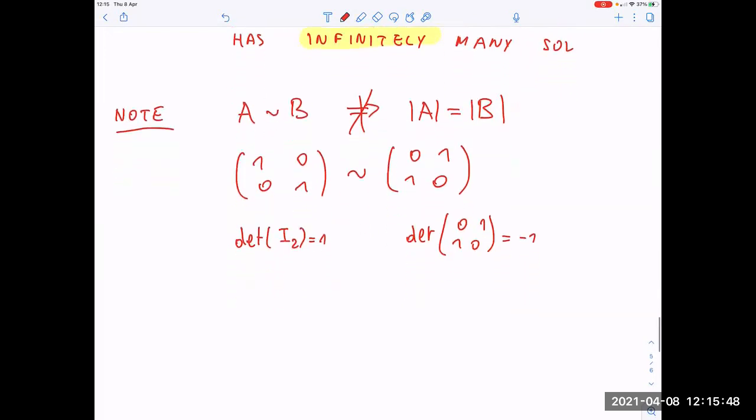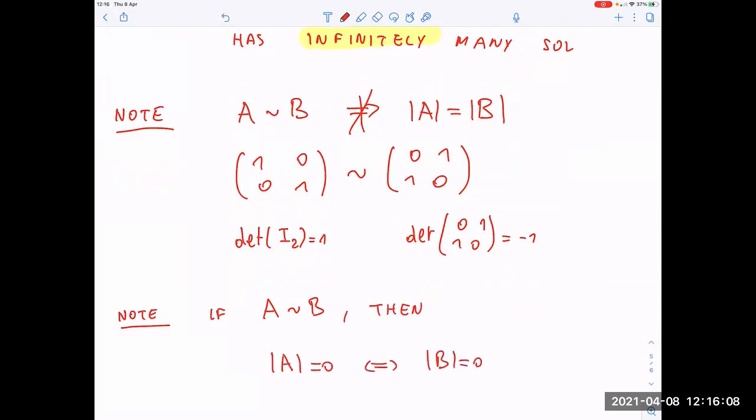What is true, and this is again a preview, we'll see, is that if A is row equivalent to B, then the determinant of A is 0 if and only if the determinant of B is 0.